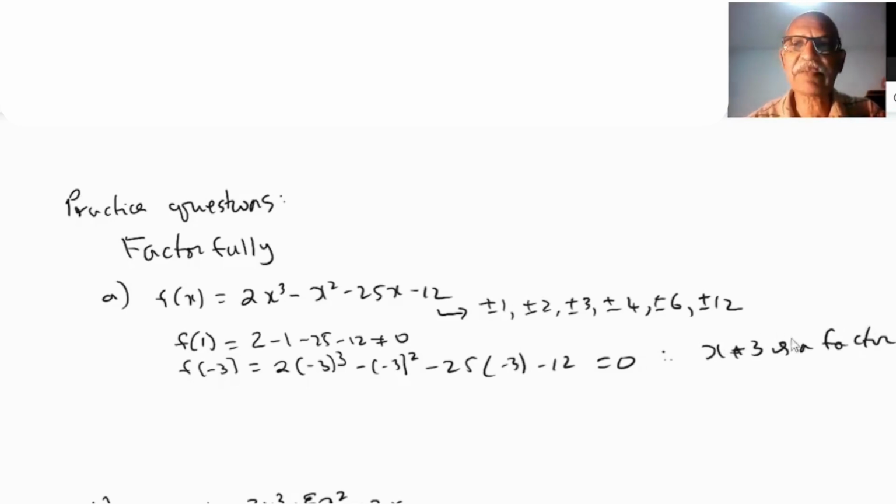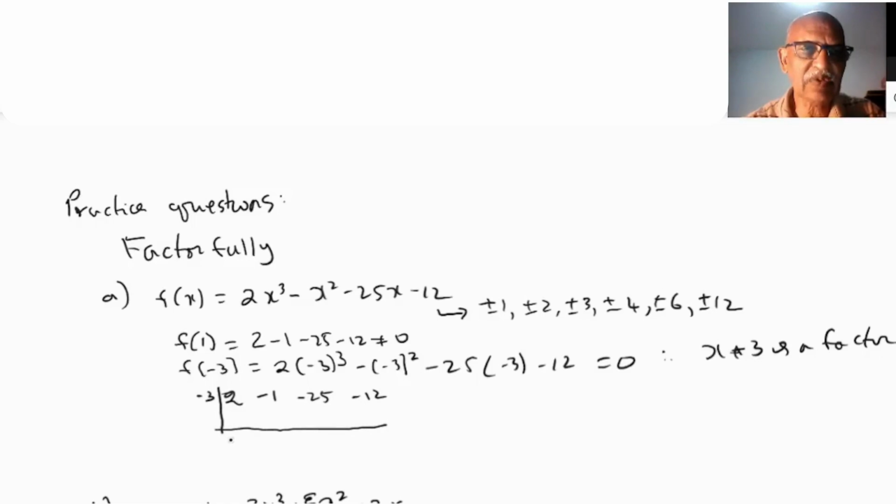Once I find x plus 3 is a factor, I do synthetic division to find the other factors. So synthetic division, I put negative 3 here. I write the coefficients of the polynomial, which are 2, negative 1, negative 25, and negative 12. I write a horizontal line here.